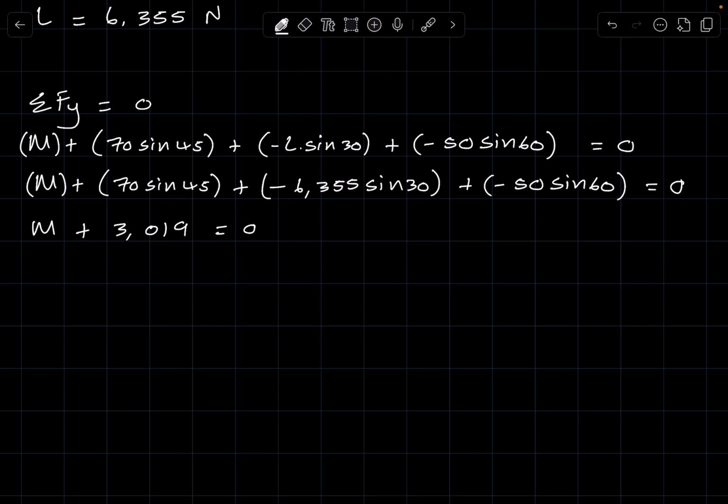Then to get M, simply take this term, transpose it to the other side, and you'll be left with M is equal to, now this becomes negative 3,019, which is actually 3,019 newtons. This is negative.